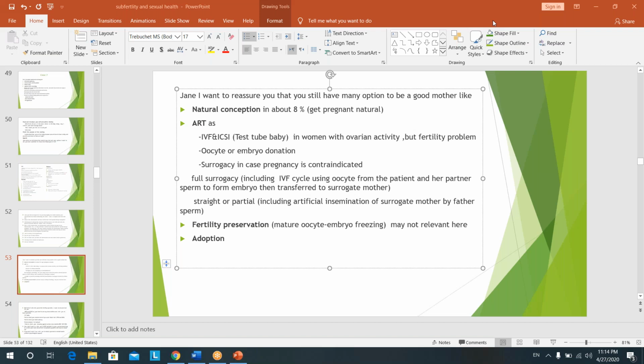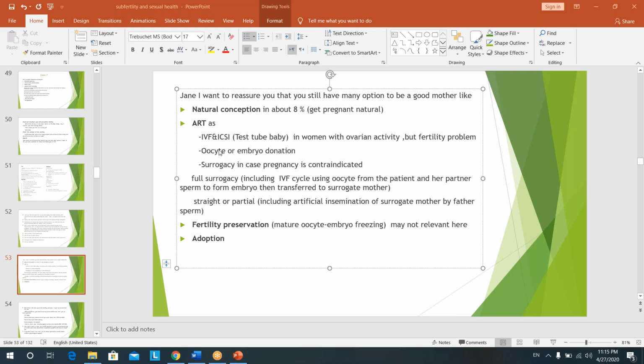Yes, Dr. Fernandez. So this patient can also be counselled about assisted reproductive technology. What will be the option of assisted reproductive technology? It will be the test tube baby if there is ovarian activity, but there is a fertility problem. If there is none, I can counsel her about oocyte and embryo donation.